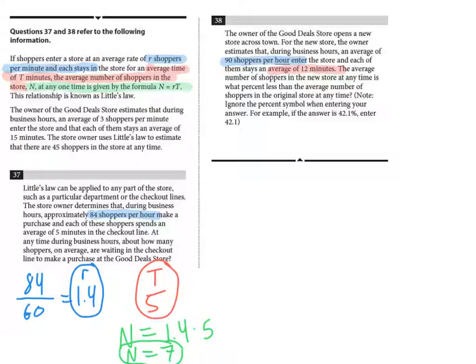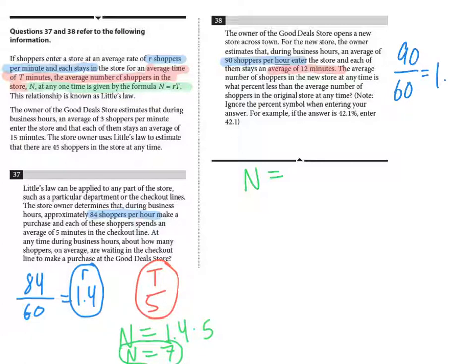Okay, so we have to figure out the number of shoppers in the store. Well, the number of shoppers in the store at any one time is going to be R times T. In this case, our R value, we have to convert it to minutes, is 90 divided by 60 minutes.